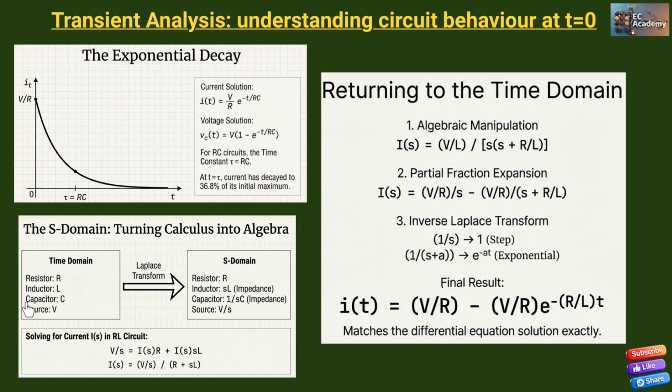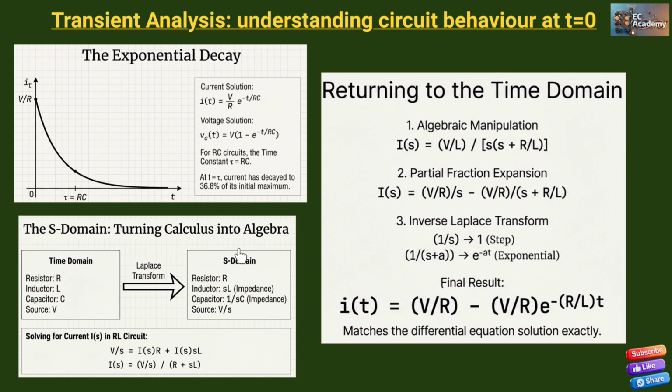In time domain, we represent resistor as R, inductor as L, capacitor as C, and source voltage as V. If we apply Laplace transform, we'll get the terms in S domain where resistor remains as it is, R. The inductor becomes an impedance represented by SL. Capacitor becomes an impedance represented by 1 by SC, and the voltage will be V by S.